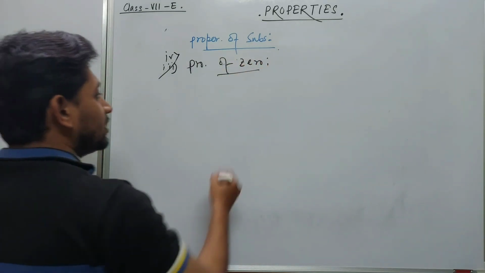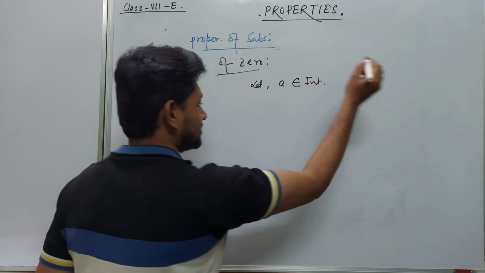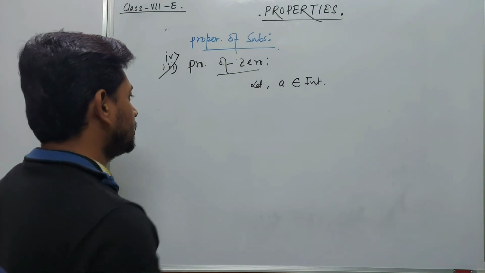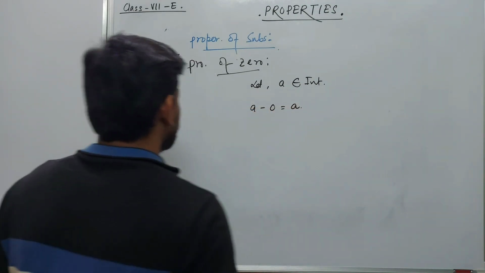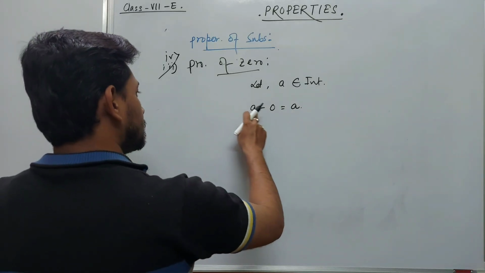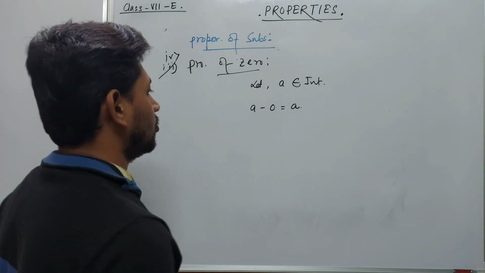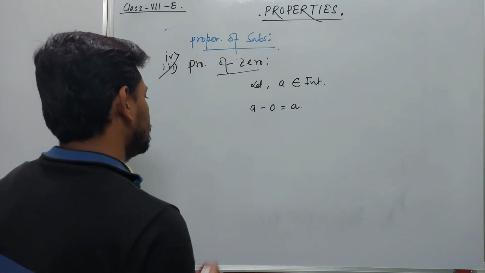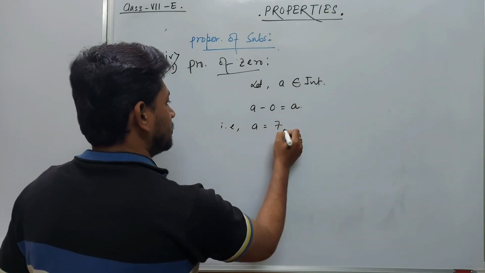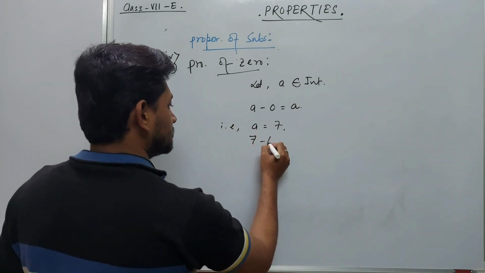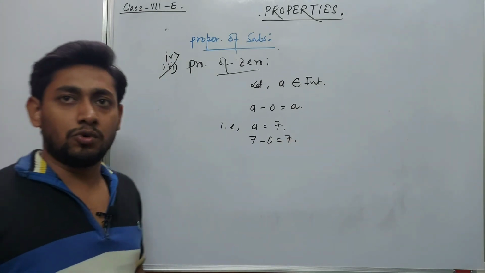That is, let A belong to integer, that is A is an integer, then A minus 0 equal to A, that is 0 subtracted from A, then the result will be the same. For example, let A equal to 7, then 7 minus 0 equal to 7, that is the property of 0.